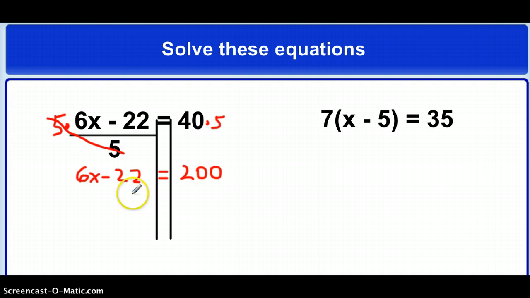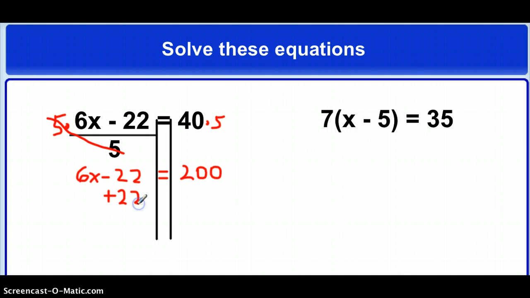And then now we're just going to do our next step. So we have 6 times x here, and we have 22 that we're subtracting away. That's going to be the next thing we're going to do, is deal with this 22. Since we're subtracting 22 from here, if we add 22, that means we can make it disappear from the left side, and we're getting closer and closer to getting the variable x all alone.